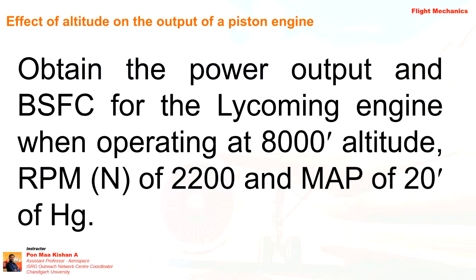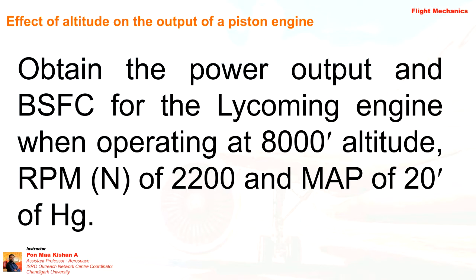I request all of you to note down the question. Obtain the power output and specific fuel consumption for the Lycoming engine, that is a piston engine, when operating at 8,000 feet altitude with an RPM of 2,200 and manifold air pressure of 20 inches of mercury.